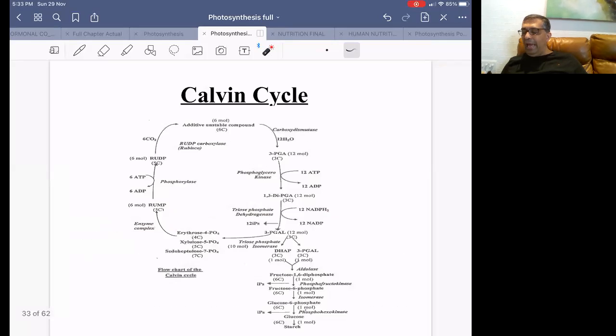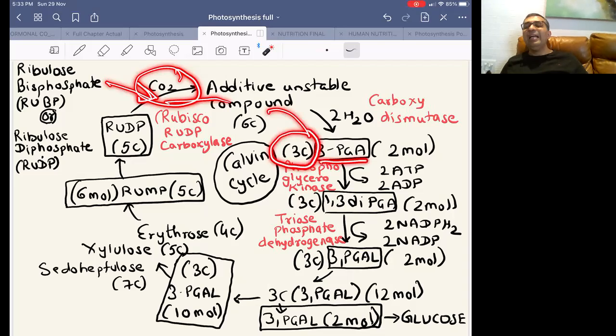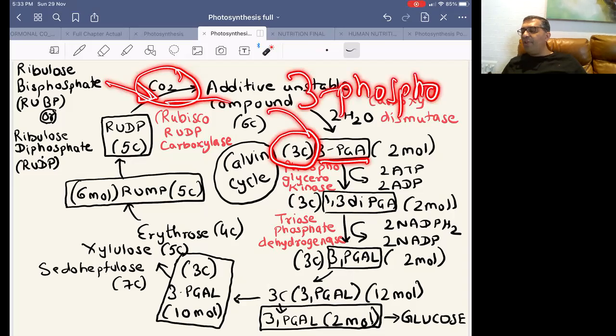So first, when carbon dioxide is accepted, it forms a 3-carbon compound called 3-phosphoglyceric acid. So 3-phosphoglyceric acid is the first stable compound formed. And how many carbons in it? 3 carbon. Hence the pathway is called C3 pathway.